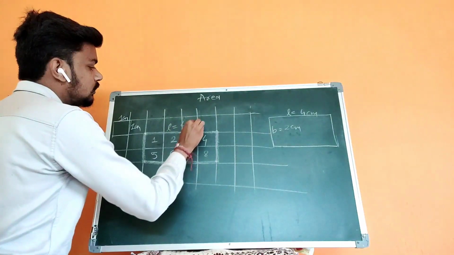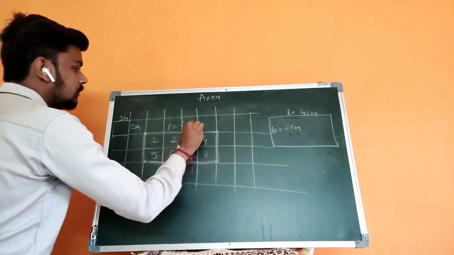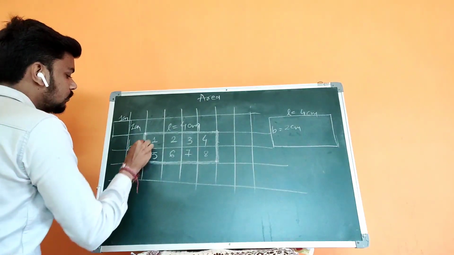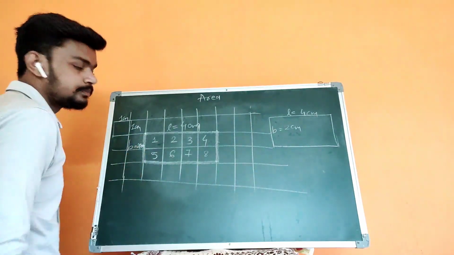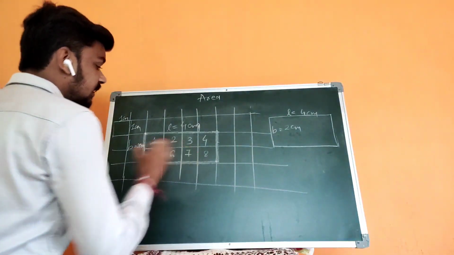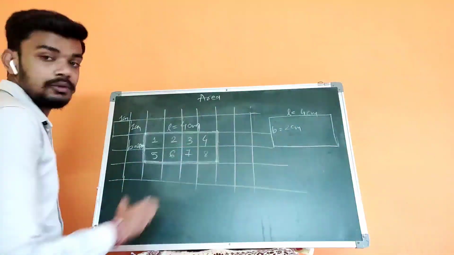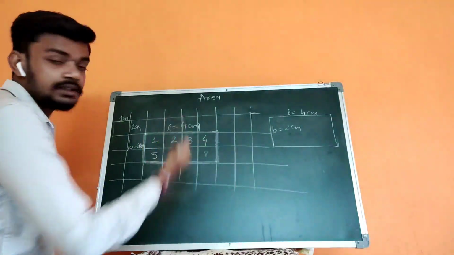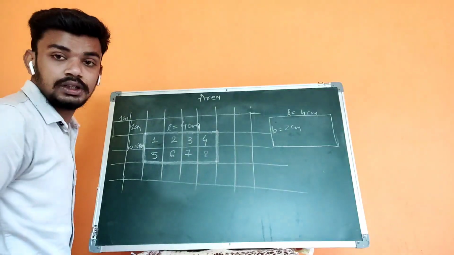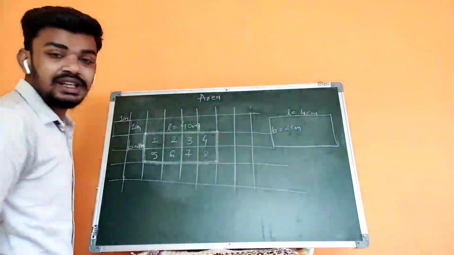This is 4 centimeter and this breadth is 2 centimeter, right? So how many erasers or how many 1 by 1 blocks do I get to find the value of this compass? It is 8.